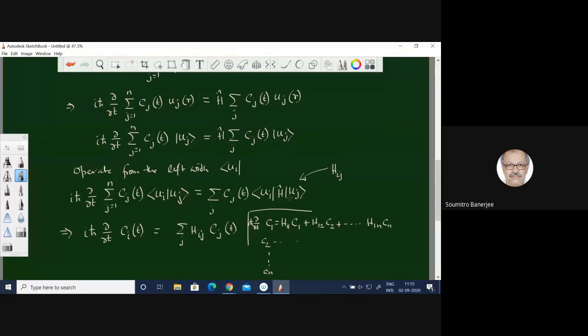No, wait. Here, we have not yet written what this whole thing is. What you have done is essentially H comes here, stays here, and then this is operating from the left, thus giving this.